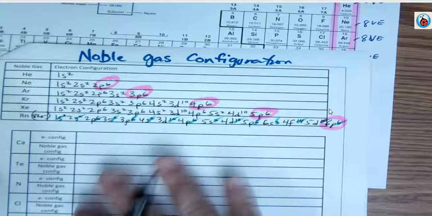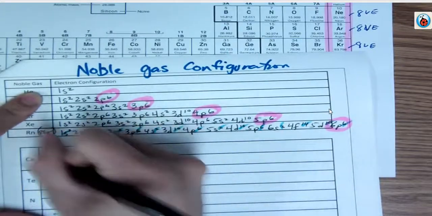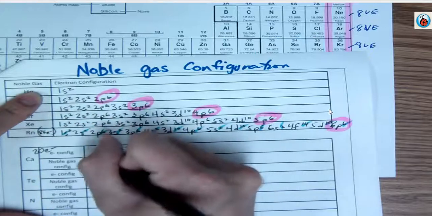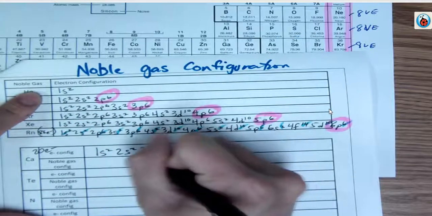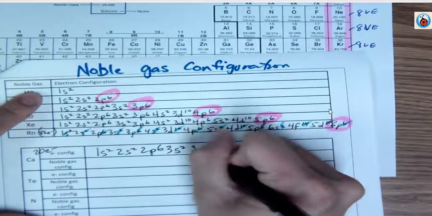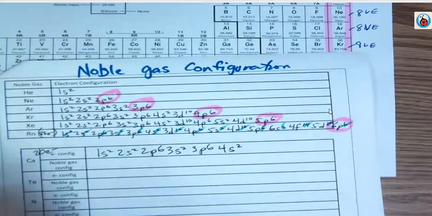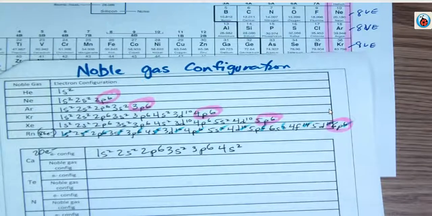For example, calcium. The electron configuration is 20 electrons. So 1s2, 2s2, 2p6, 3s2, 3p6, that's 18, and then 4s2. Do you identify a noble gas in there? The answer is yes. Look for a p6.